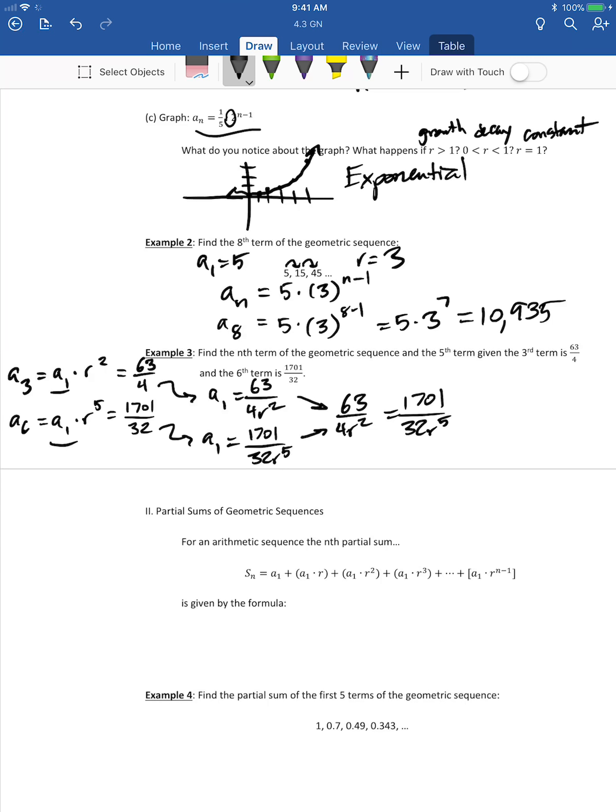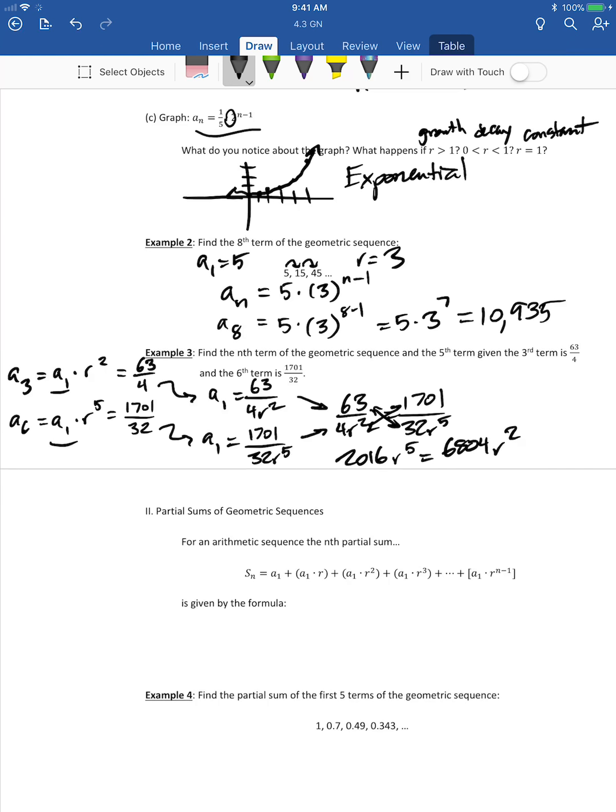I know this looks hideous, but it's just simple algebra. It shouldn't intimidate us. Cross multiply. So 63 times 32 is 2016 r to the 5th. And then 4 times 1,701 is 6,804 times r squared. Divide both sides by r squared.